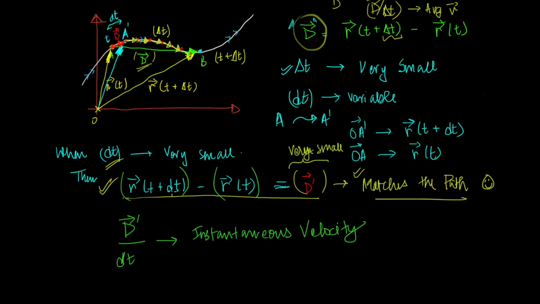But remember, when dt itself is very small, you're dividing a small quantity in the numerator by a small quantity in the denominator. And by division of two small quantities, you end up getting a quantity of decent magnitude. And so this velocity is not what many mistakenly think of it to be, a very small quantity. It's in fact the actual velocity of the particle at that instant of time.